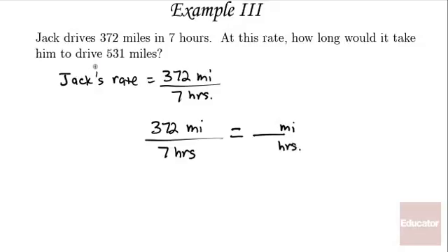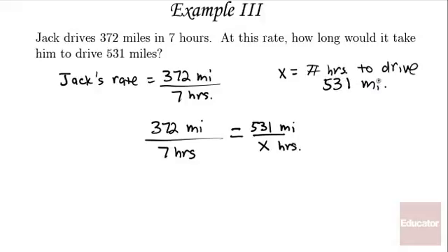What it gives me is 531 miles for the second part, and what it's asking me is how long it would take. So x is going to be the number of hours to drive 531 miles going at his current speed.